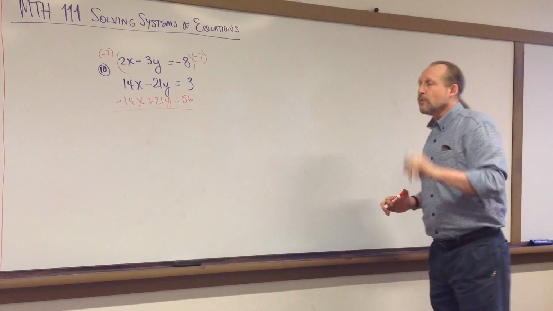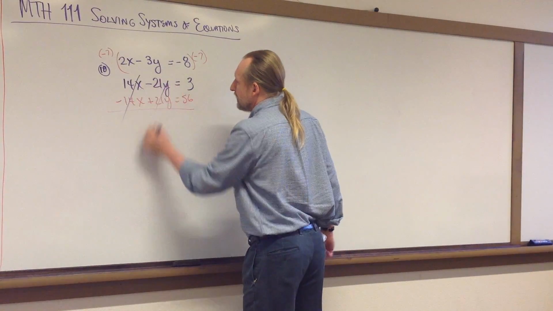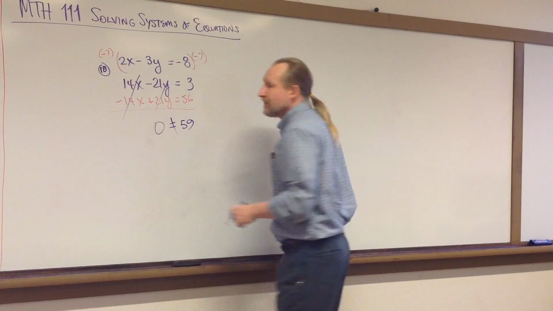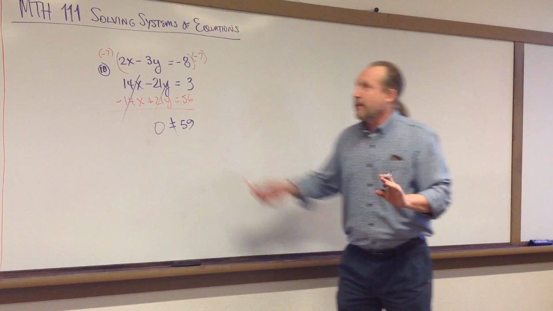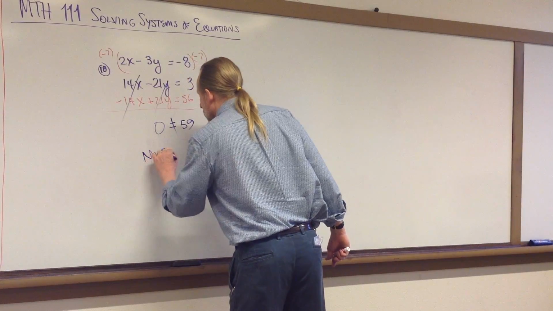So here's another situation where we're getting no solutions, because these cancel and these cancel to make 0. Over here we've got 59. 0 is not equal to 59, no matter what the values of x and y are. And so this one would be no solution.